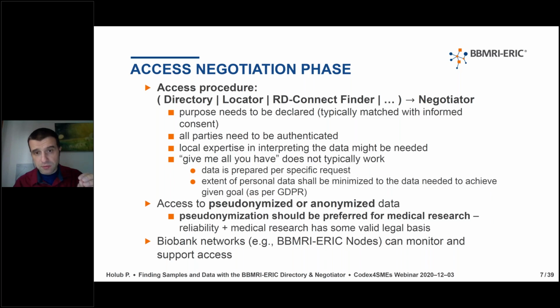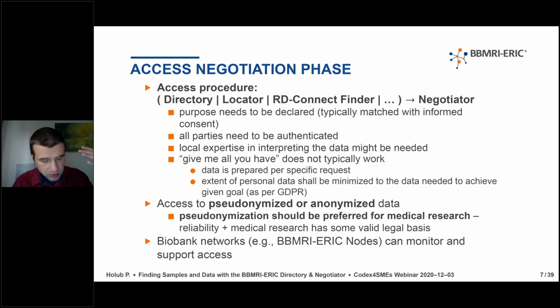That is, whether the biobank has a specific legal basis, typically an informed consent, to actually release the biological material or the data to the requester. The Negotiator also allows you to specify very detailed information about the request. In those discovery tools, you typically have rather limited options of criteria you can search for.